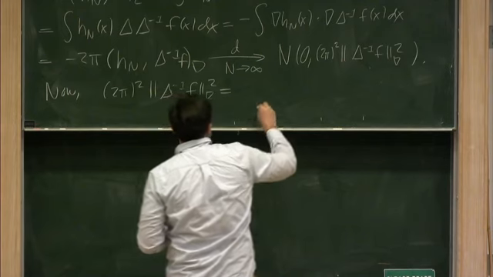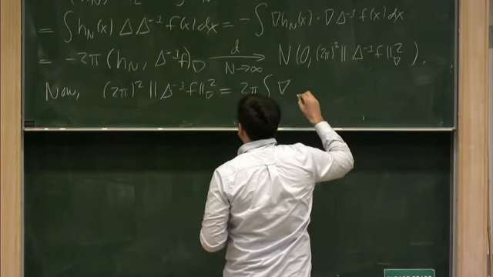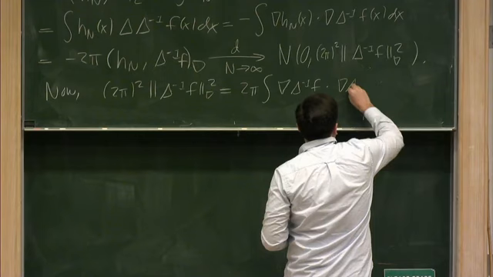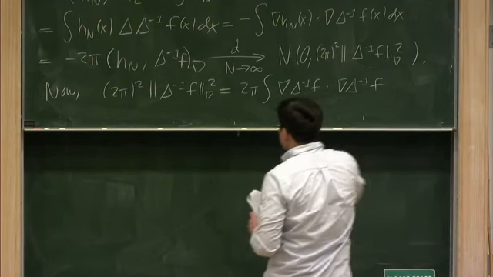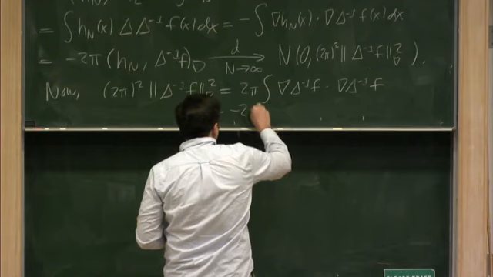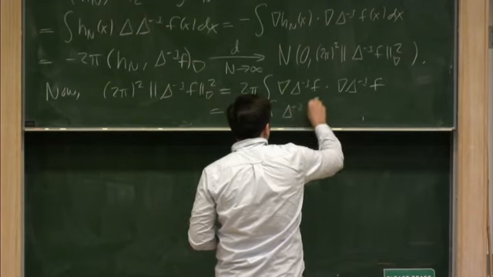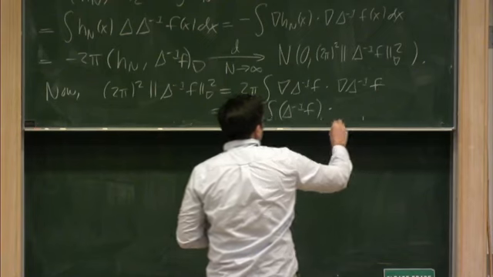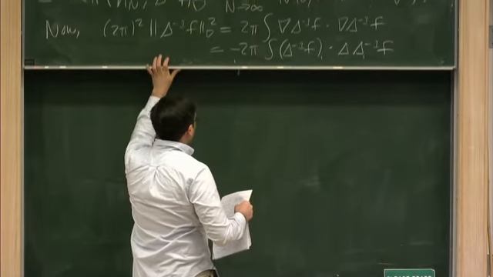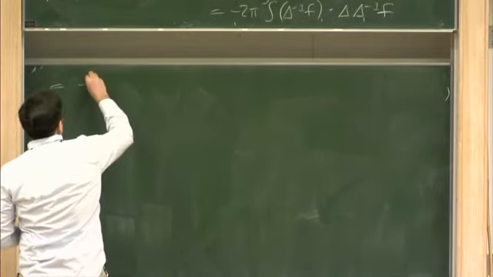And this is the same thing as 2 pi times the integral of the dot product of the gradient of the inverse Laplacian of f with the gradient of the inverse Laplacian of f. And this I can integrate by parts again, and I get minus 2 pi times the integral of the inverse Laplacian of f times the Laplacian of the inverse Laplacian of f.